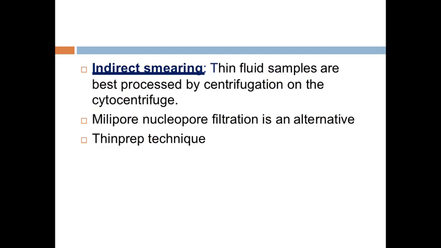In those conditions, you take it and centrifuge it, and with the deposit you make a smear which is condensed and has more cellular material. So this is what is referred to as indirect smearing. Direct, you put it on the slide and smear it. Indirect, you centrifuge it, and from the cell button you prepare the smear and study the cells.